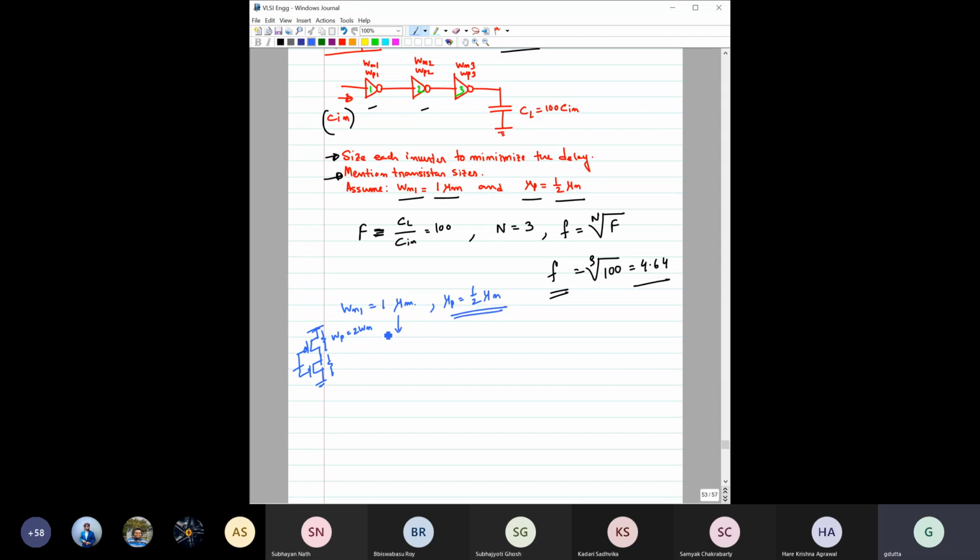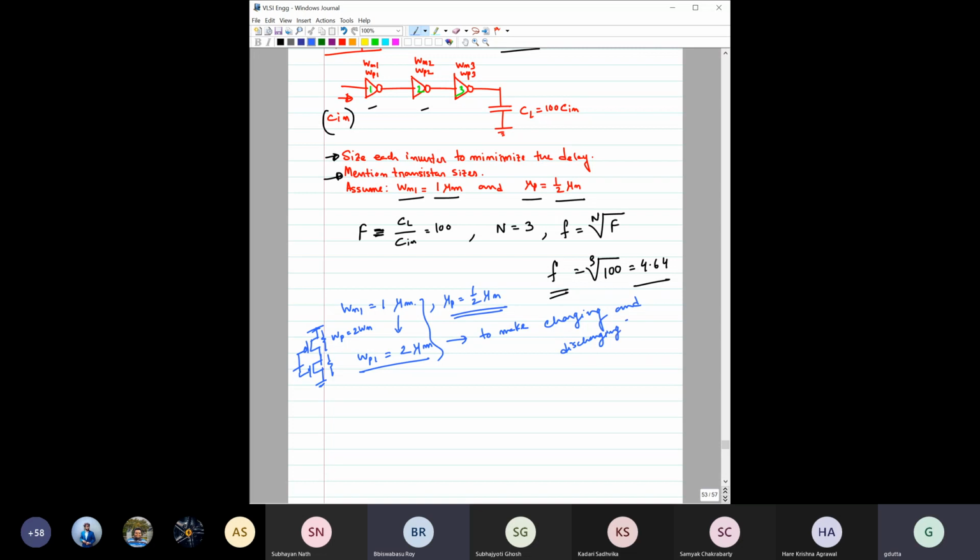And if you have understood this, then definitely you can say WP1 would be equal to 2 micrometer, right? To make charging and discharging symmetric.